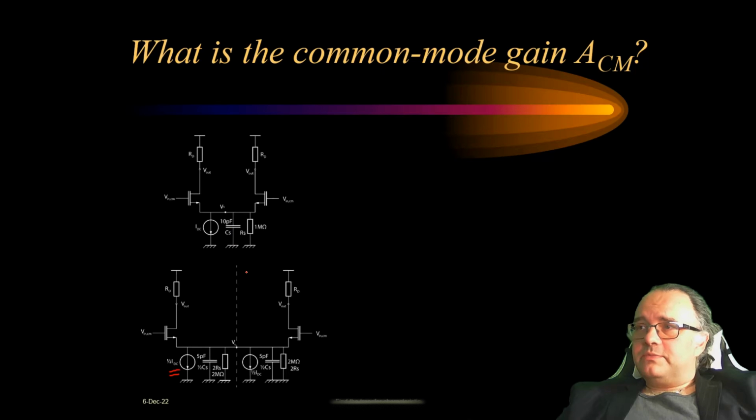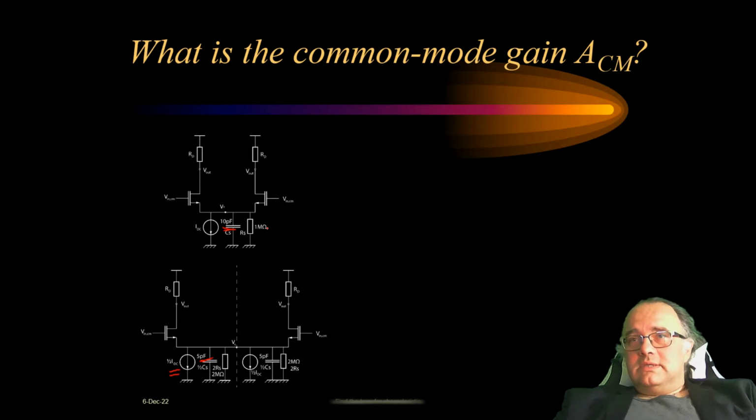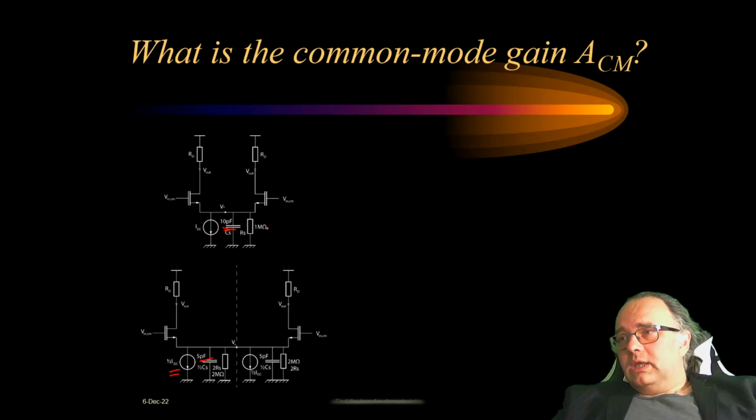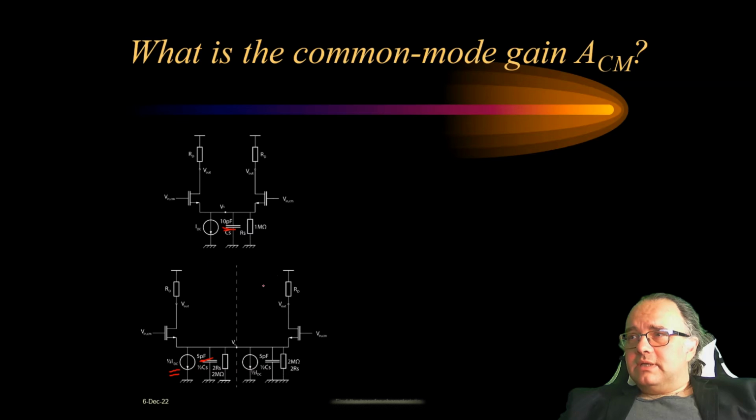We have to split the capacitance, so from 10 picofarads we will have 5 picofarads, and we have to split the resistance. 1 megaohm is like 2 resistors of 2 megaohms in parallel. So this circuit here is absolutely equivalent to this circuit. They are the same circuits.